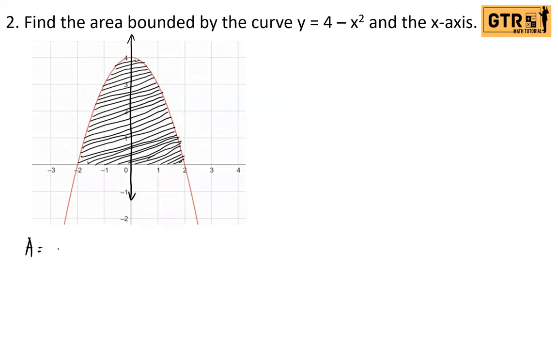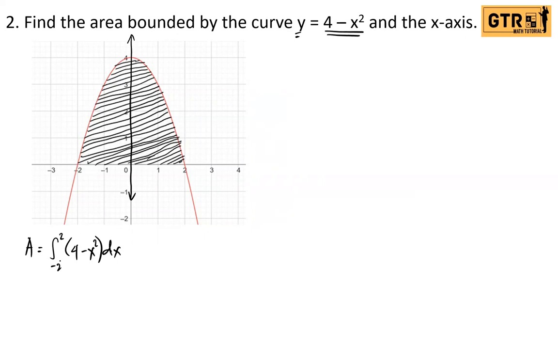Area is equal to, we can use negative 2 to positive 2 as the limits, and then the curve, in terms of y, is 4 minus x squared dx.